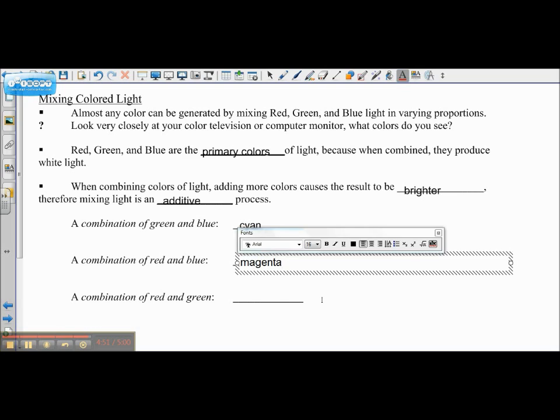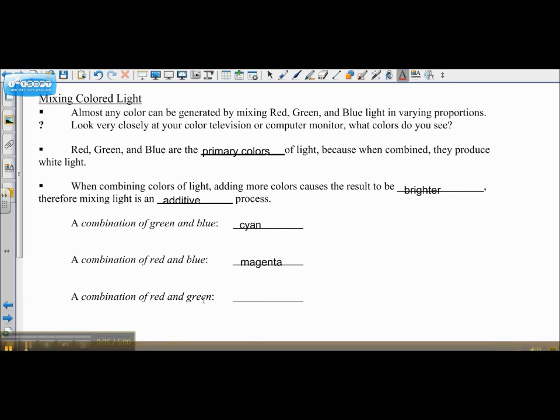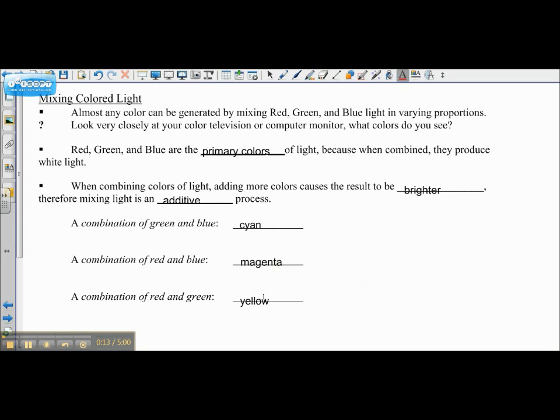If you combine red and green together, this one's really interesting. You don't get brown, you get yellow. So you get yellow light. And then, of course, if you combine any of these together, again, you get white light.